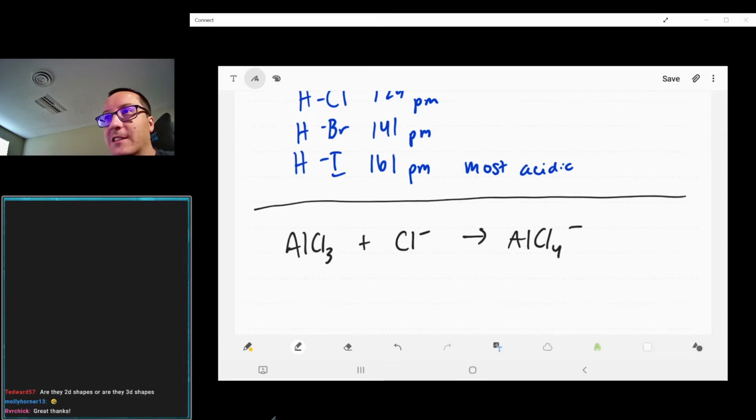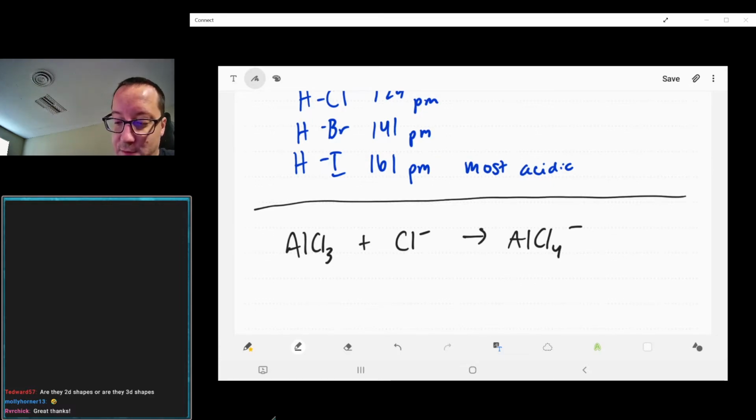It's an important catalyst there, and the reason for that is because of this reaction that takes place. So this is an acid-base reaction, despite the fact there are no hydrogens in this particular scenario. But this is going to be one that deals with Lewis acids and Lewis bases.